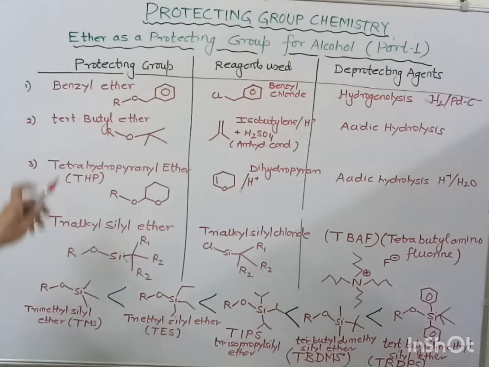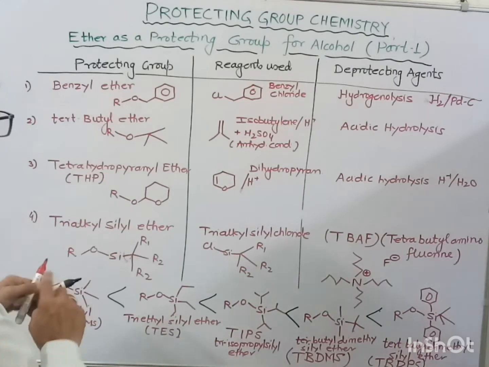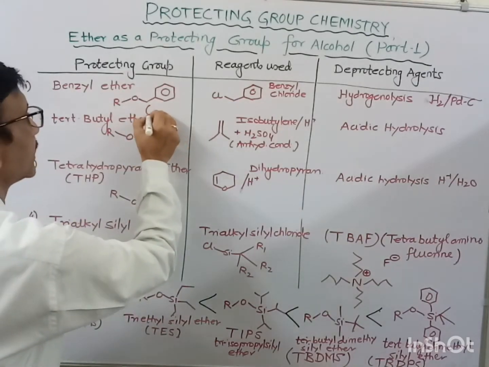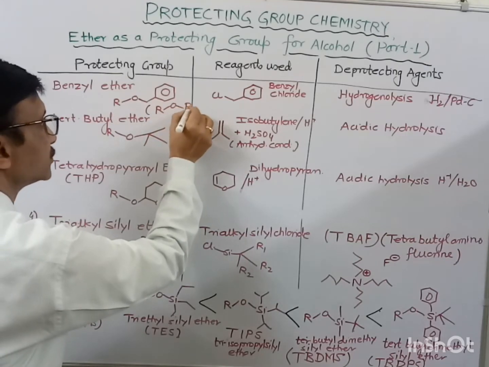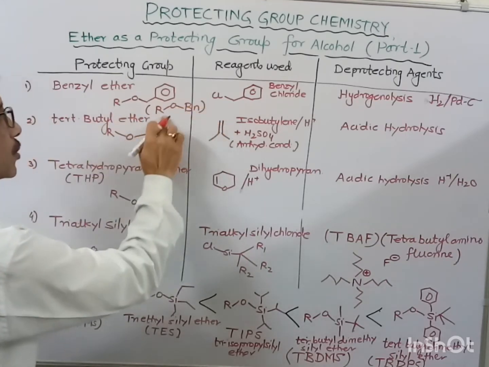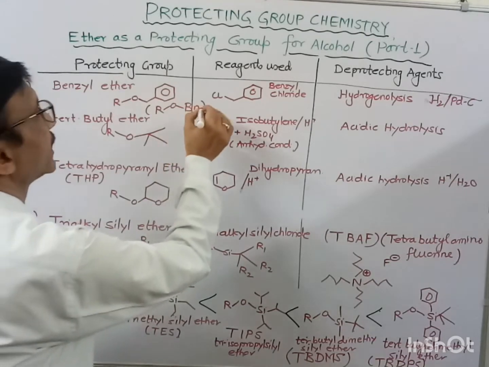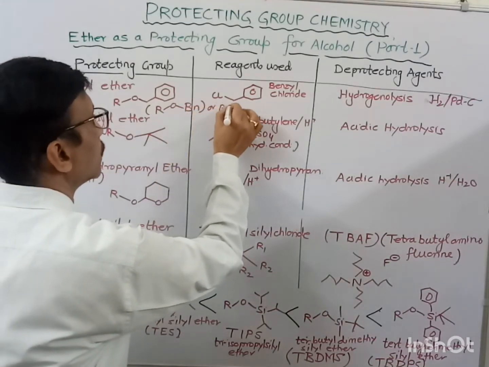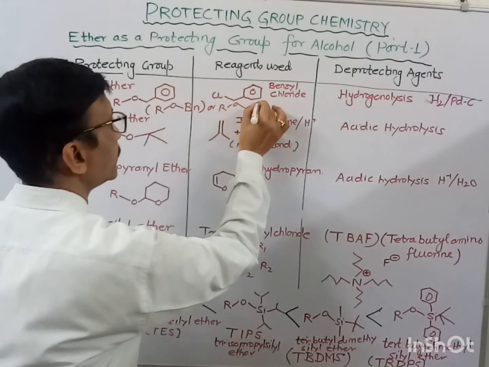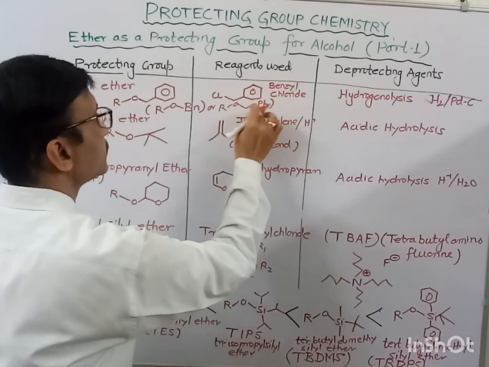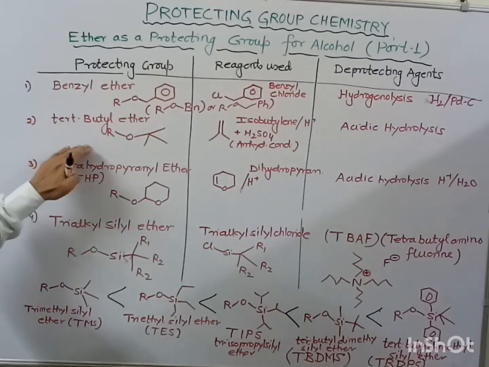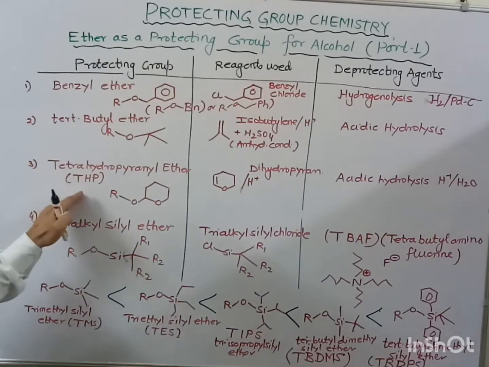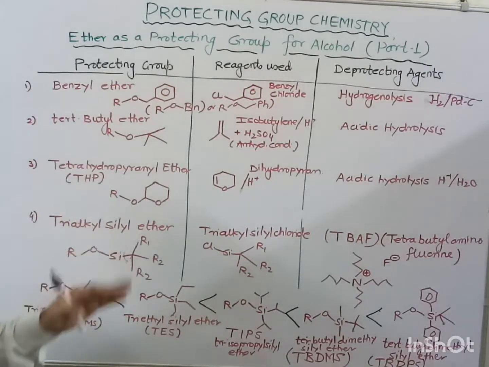Now we have benzyl ether. We can write it as ROBn, where Bn means benzyl, or sometimes as ROPh. So we have benzyl ether, tertiary butyl ether, tetrahydropyranyl ether, and trialkyl silyl ether.